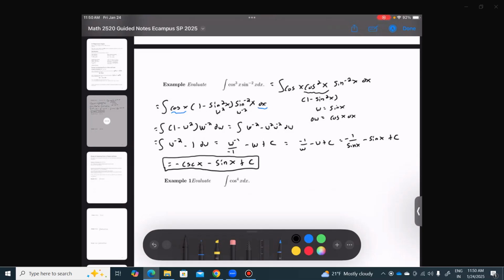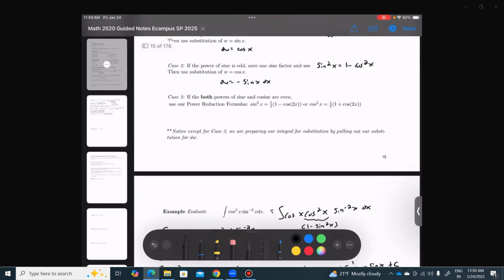So what I'm going to do is adjust this so it's cosine squared x squared dx. And then remember, we're going to have to use this formula.